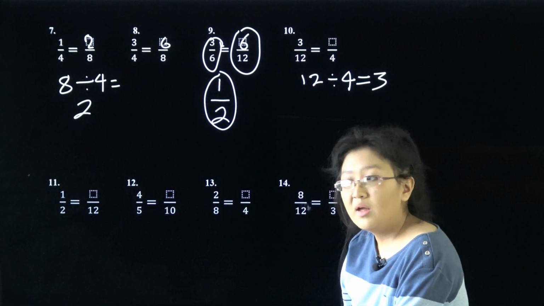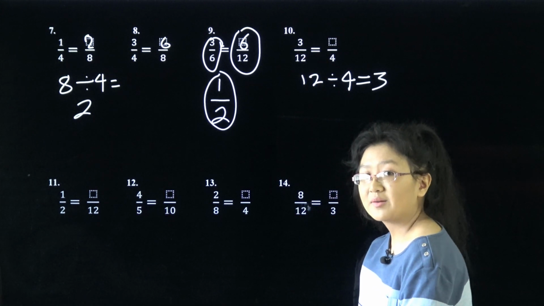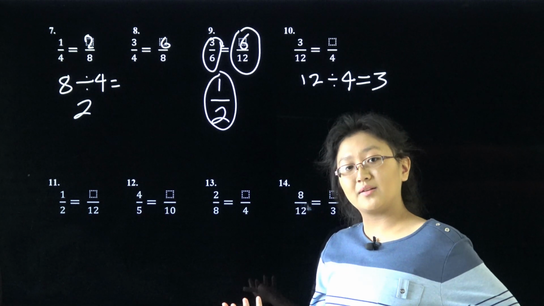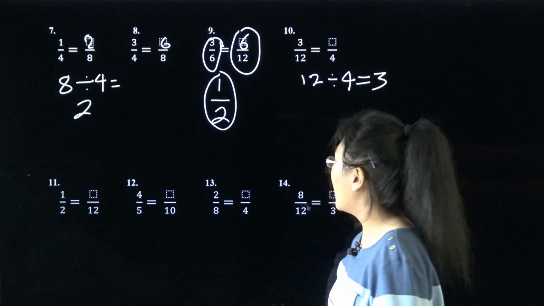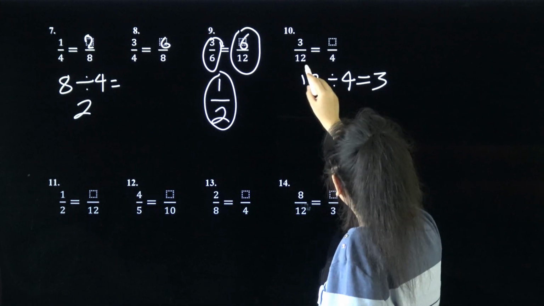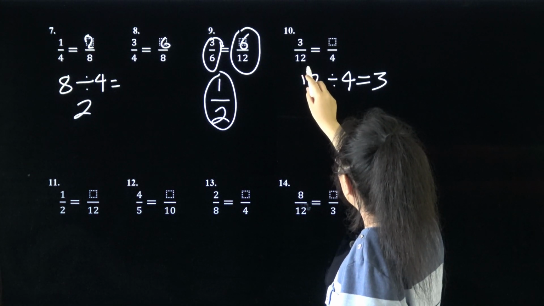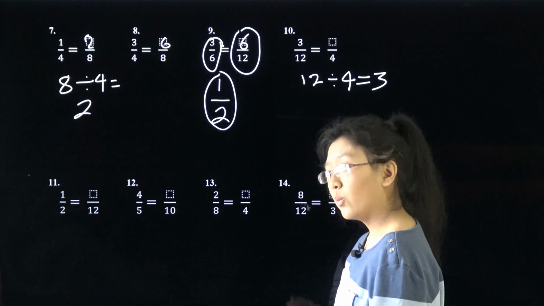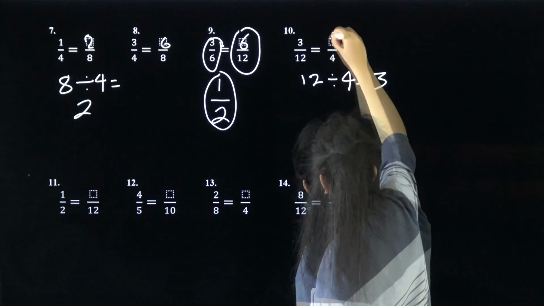Yes. Because dividing is like multiplication by a fraction, but we're going to learn that later. We need to do the same thing that we do to the denominator as the numerator. So if the denominator is divided by 3, then the numerator must also be divided by 3. What is 3 divided by 3? 1.